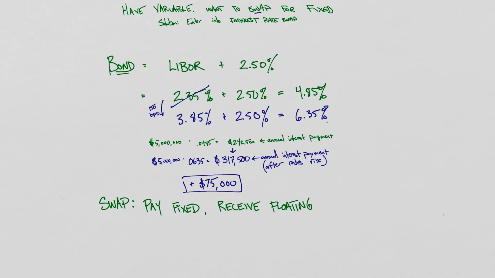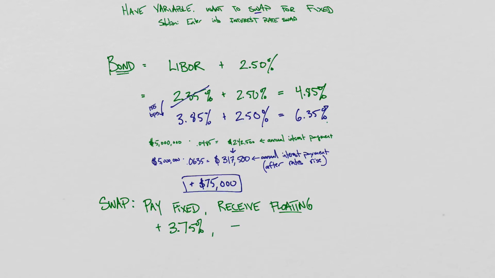First, looking at the bond, we pay LIBOR, and we still pay our credit risk premium, our credit spread. That's that 2.5% that you see on the left. And we don't receive anything from the bond.